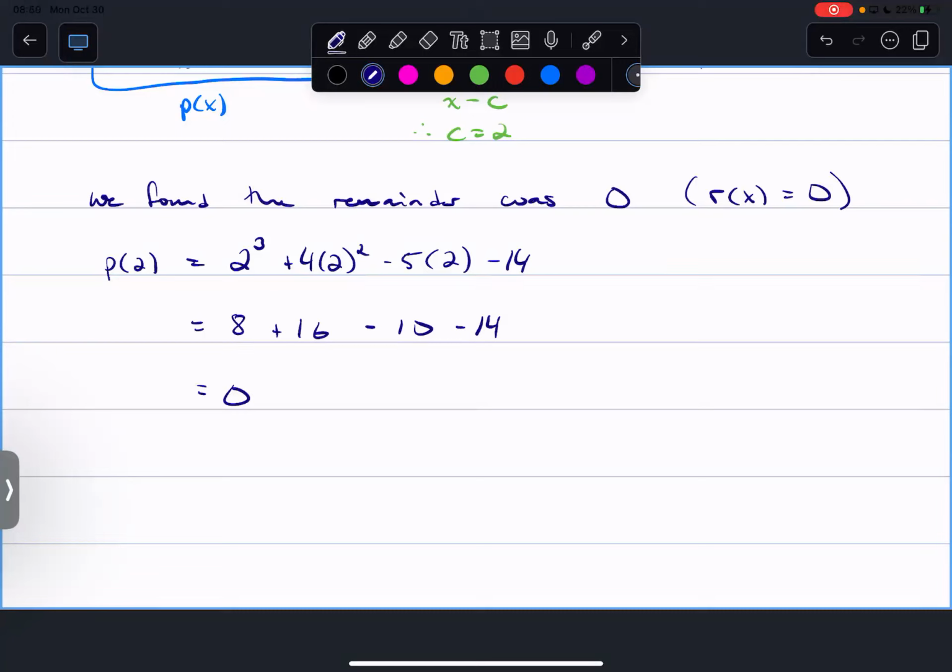It's really just a way of confirming the remainder, or if you're only interested in the remainder, that can happen.